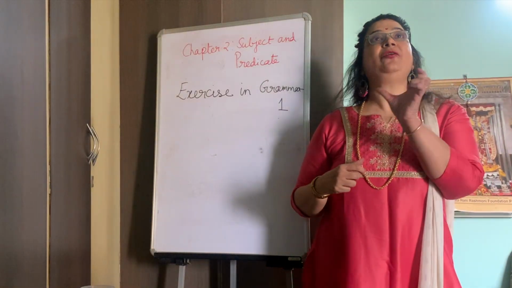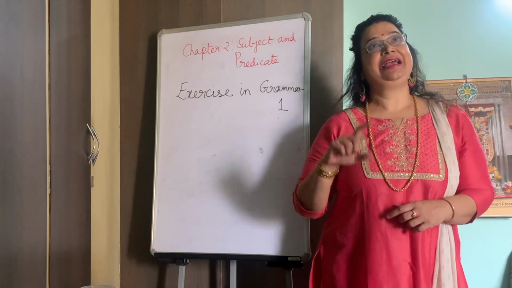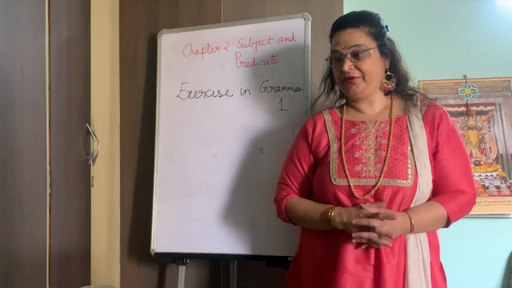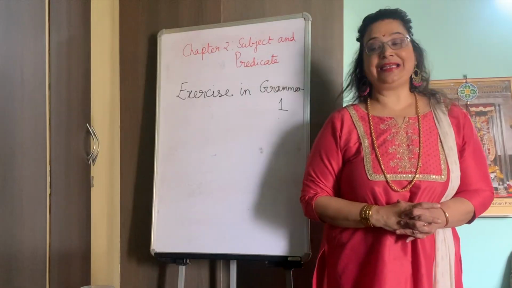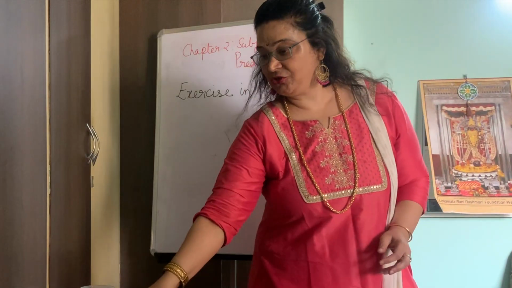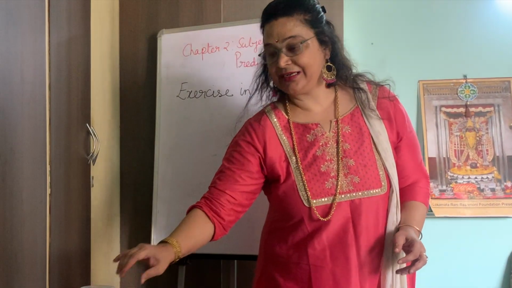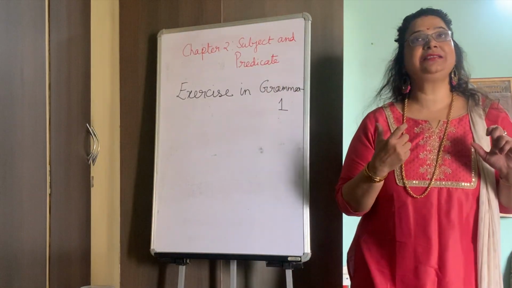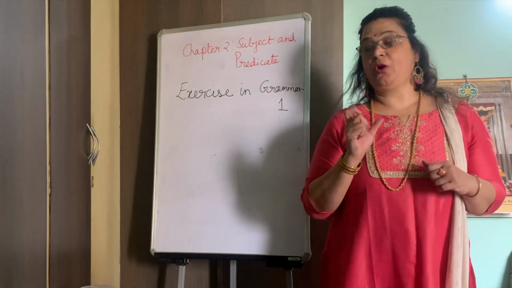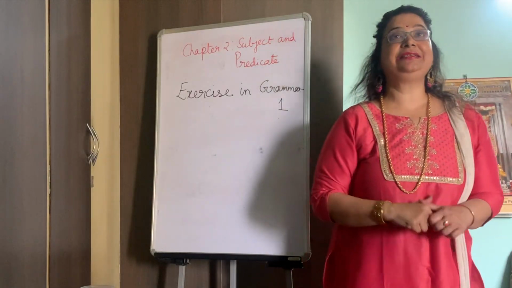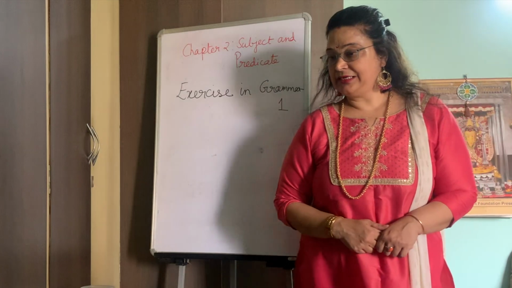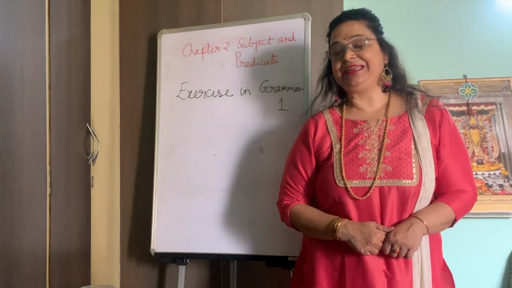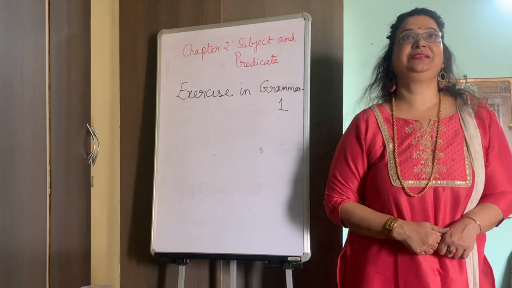The cackling of geese is the subject and saved Rome is the predicate. The second sentence: the boy stood on the burning deck. Whom are we talking about in this sentence? We are talking about the boy. So the boy is the subject and stood on the burning deck is the predicate.